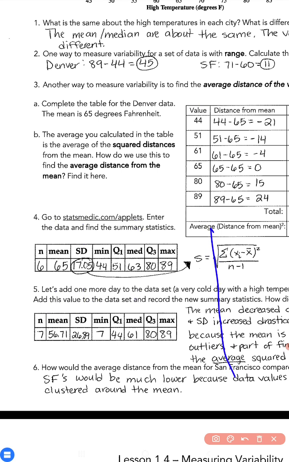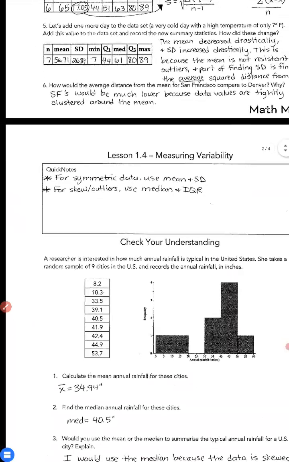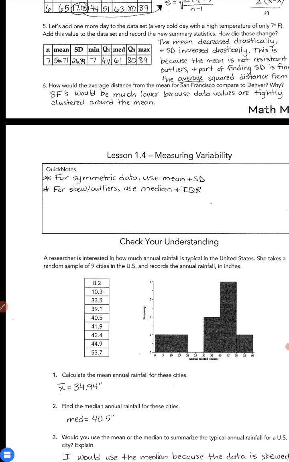So let's go ahead and go to the next example. So a couple of notes here. For symmetric data, you are going to use the mean and the standard deviation. And let's remind ourselves of why that is. If you have outliers, your graph is not going to be symmetric, it's going to be skewed. Well, those outliers are going to either inflate or deflate your average farther than it should.